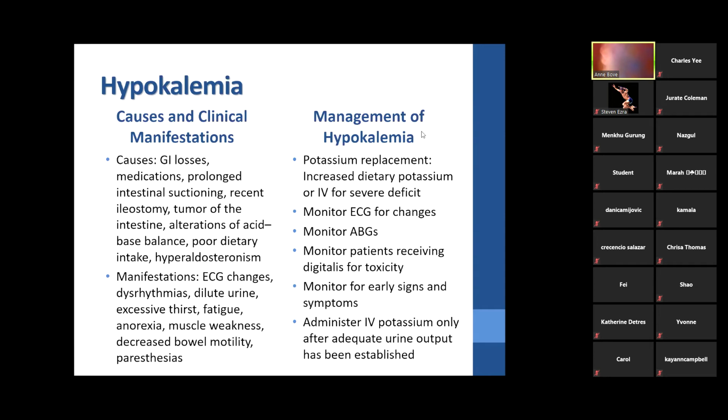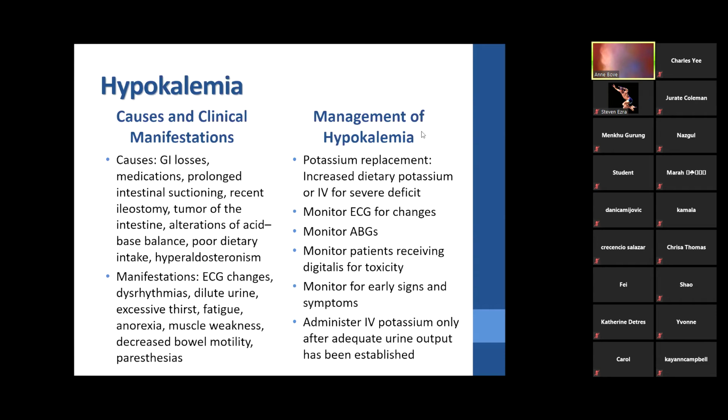Now, a low potassium level is a cardiac irritant, so you're going to start to see cardiac arrhythmias. Especially with the cardiac patient, you're going to see maintenance of a potassium level of about 4.0, all right?